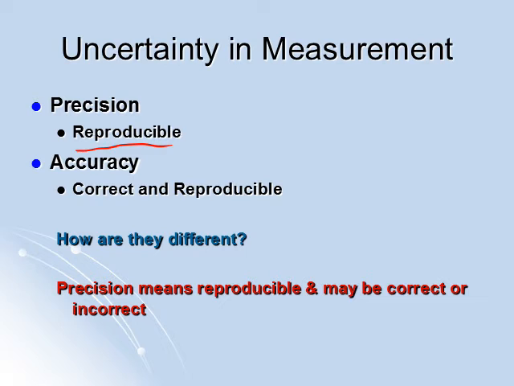I may have good precision, but my accuracy could be bad because my measuring device may be faulty. So make sure you understand the difference between precision and accuracy. Precision means, is it reproducible? But we're not talking about whether each value that you are getting is a correct value or not. That's determined by accuracy.